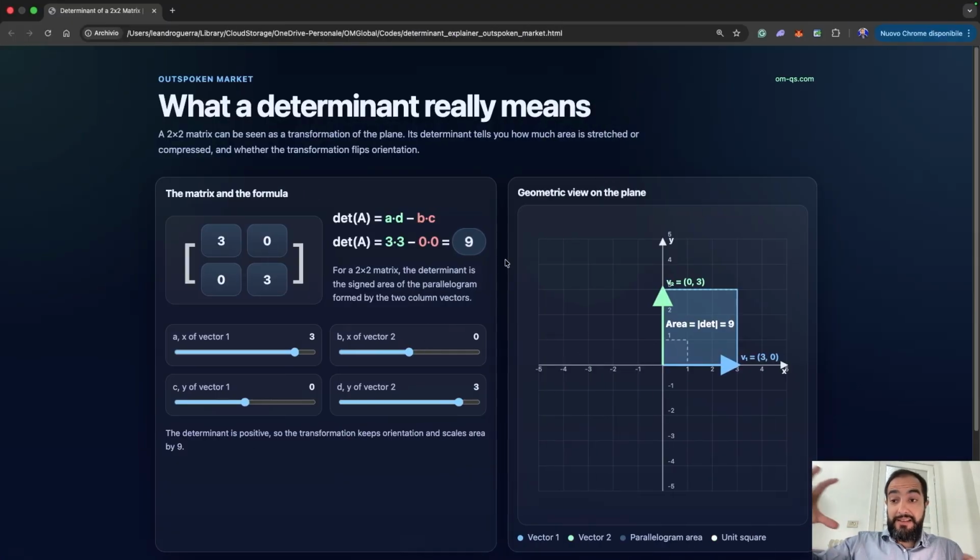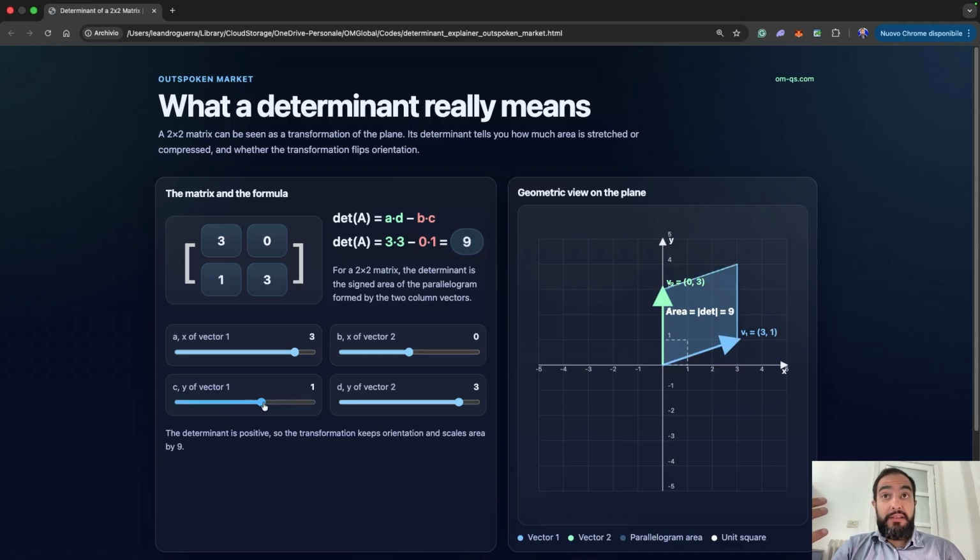And the determinant in this case will give me that measurement of expansion or compression of the market volatility. And as you can see, for example, if I give the value of 1 for our V1 vector, that is the blue vector, the determinant will not change. It's still 9. What has happened is you see the area of my parallelogram. We no longer have a perfect square, but now a parallelogram. It's still the same as before. So the market has changed.